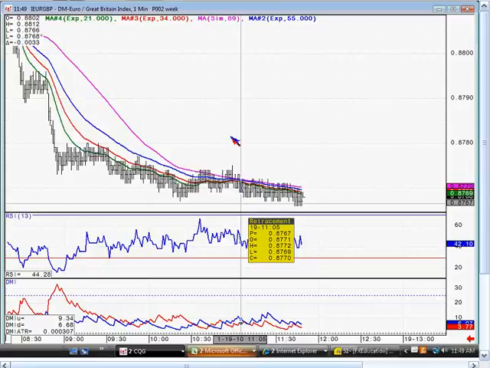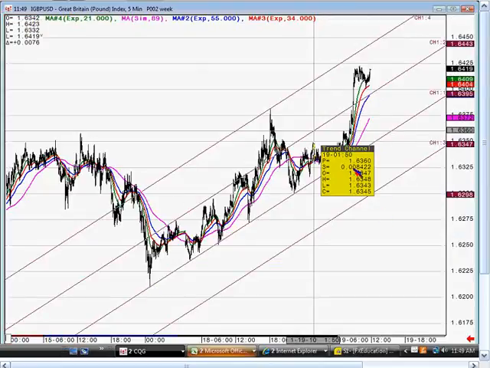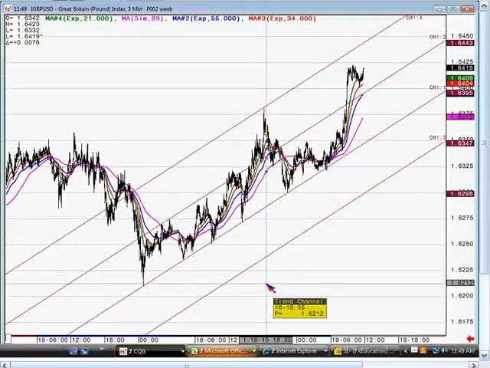If you look at this 5-minute chart, this is how you need to take your trade decisions, or you need to draw. If you draw a channel, the picture looks very clear, right?